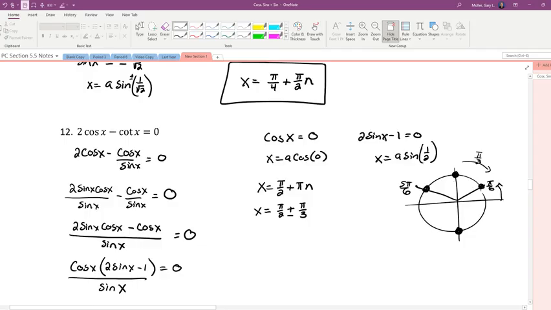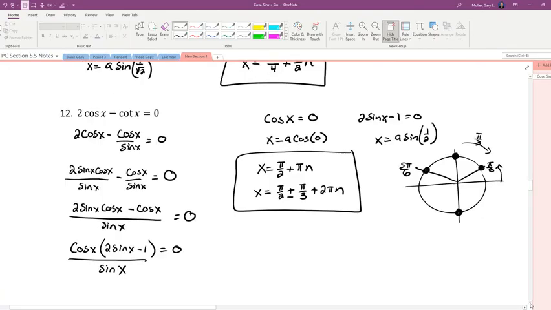So if I start at pi over 2 and add and subtract, that puts me at those 2 locations, and then let's wrap around the circle as many times as necessary. Okay. Let's keep rolling.